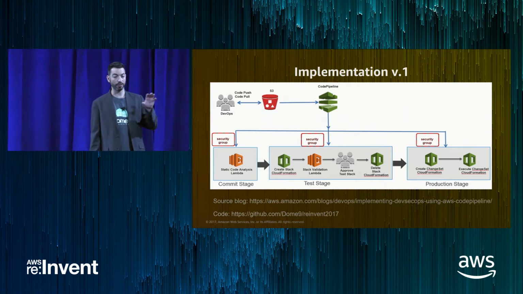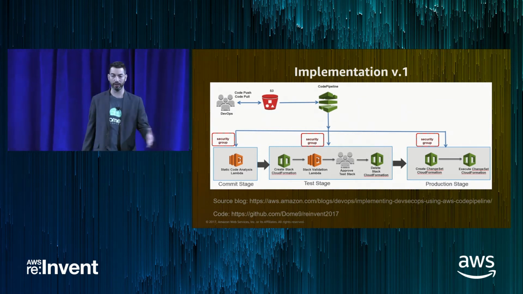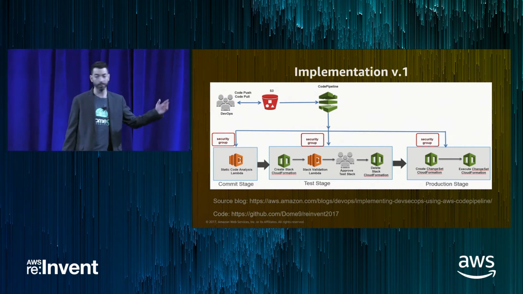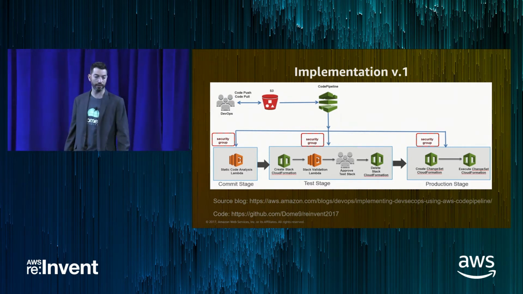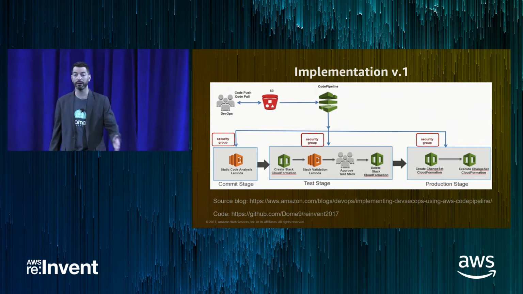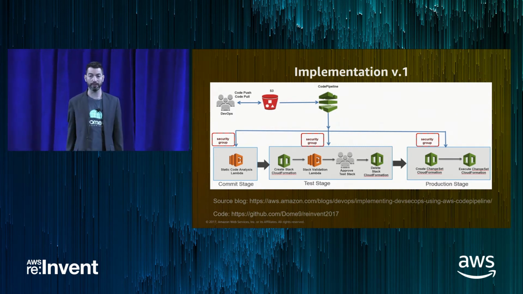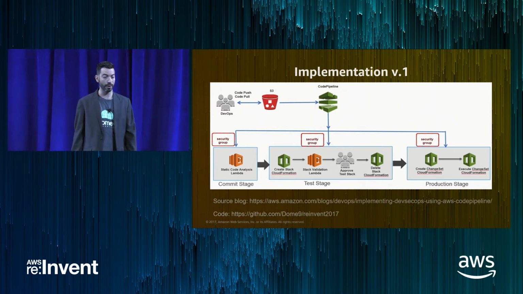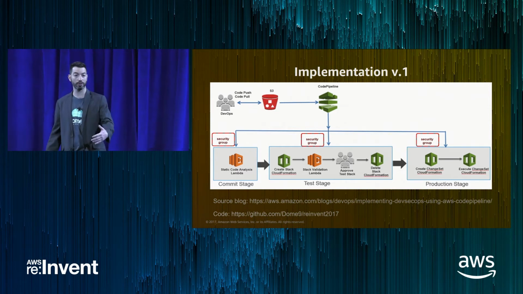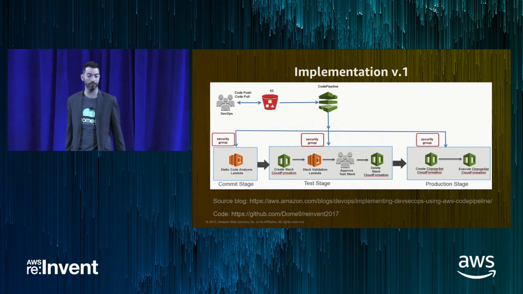So we have this CodePipeline as the mastermind of this thing. The input for this pipeline is an S3 bucket. In your environment, it might be a GitHub repository. In this example, it's an S3 bucket that our developers are pushing this infrastructure code, these CFT files, into.